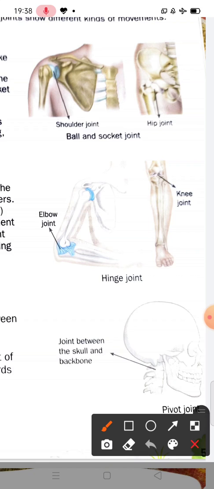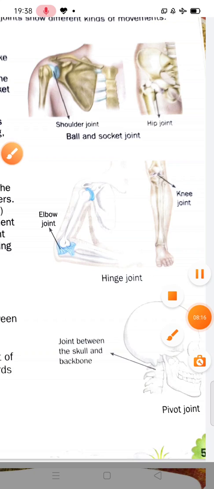You can move your elbow only to one side, not the other, and touch the shoulder with our fingers. Understand what I am saying? The joint allows movement like bending the elbow and touching the shoulder with our fingers. Okay students, so these are the hinge joints.